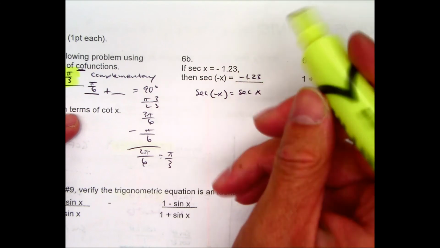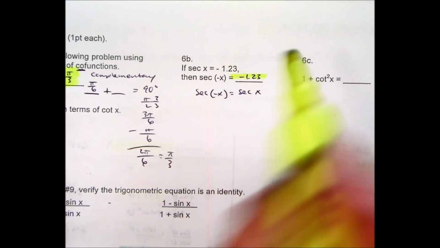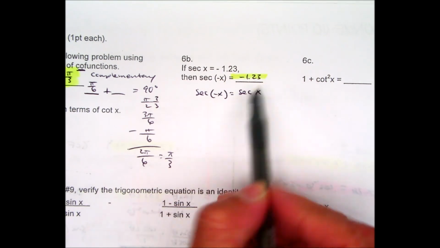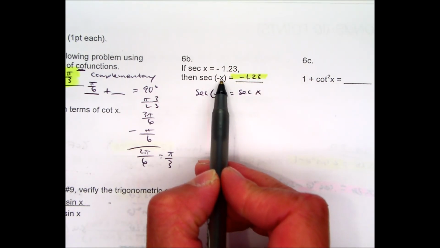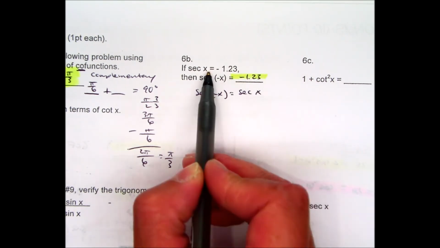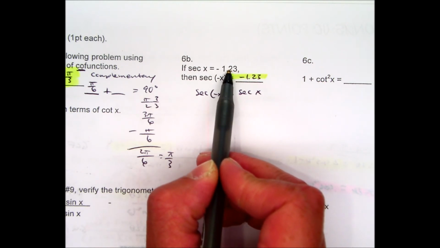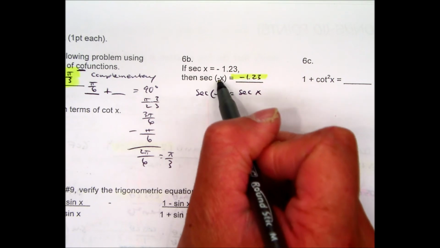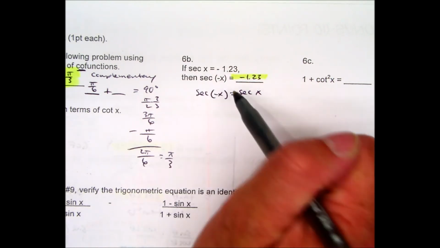Because if you take that value, you're asking what value can I put in there to get this output of negative 1.23. For secant and cosine, that negative sign just comes out and there's nothing there. So it just stays the same.